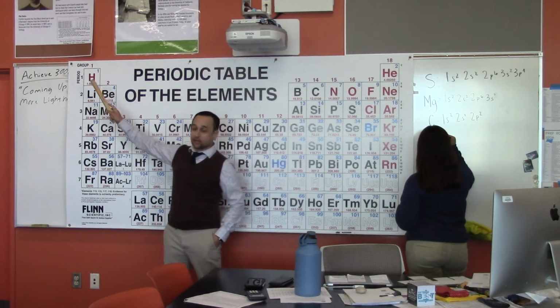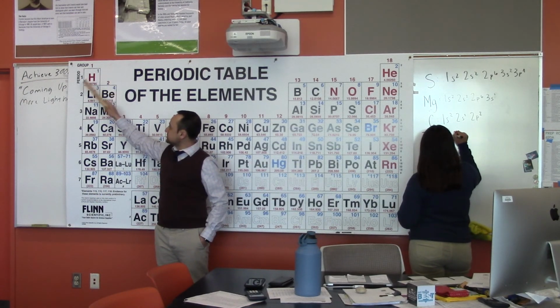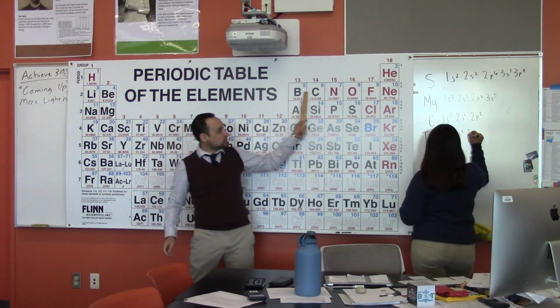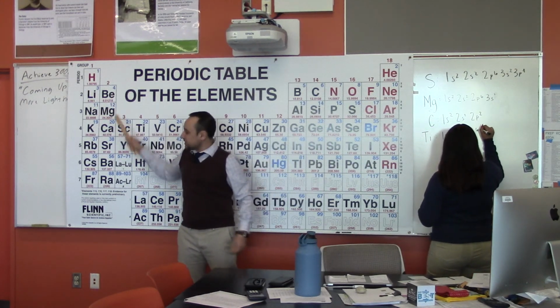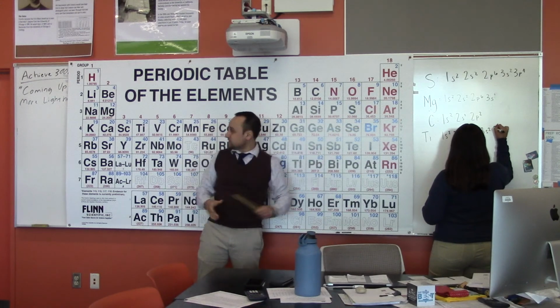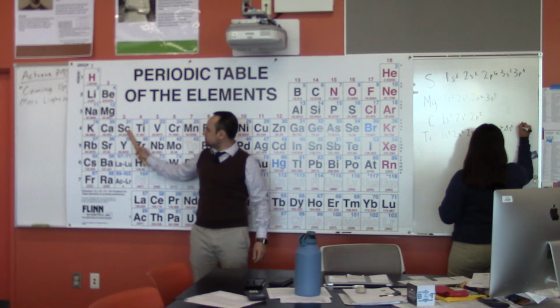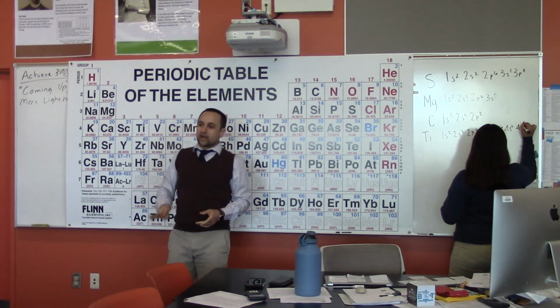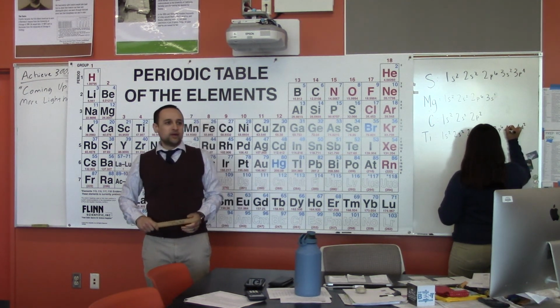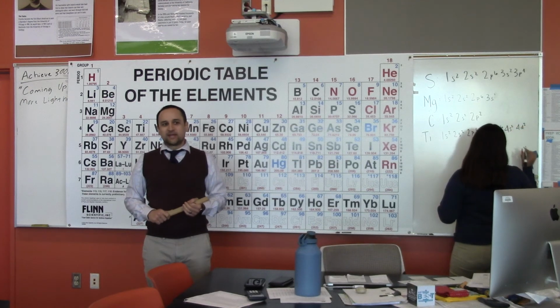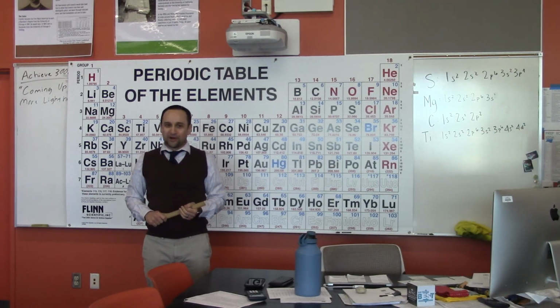Here we go. 1s2, 2s2, 2p6, 3s2, 3p6, 4s2, 4d2. Okay. You guys used all the rules that I gave you. You used them exactly as I described, and you were wrong.